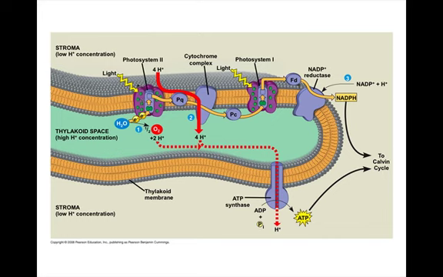And what happens when chlorophyll absorbs a photon of light energy is that an electron orbiting the chlorophyll is excited.